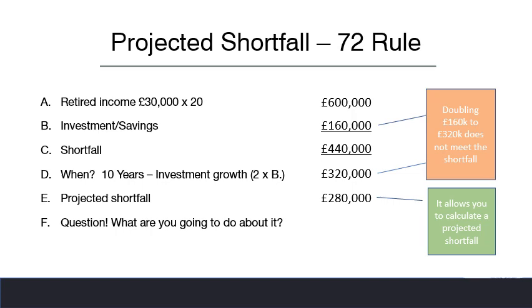You either have to take a higher risk, or you have to add more money, or reset your target to a longer period of growth, 15 years, or the one they don't want, which is a reduced retirement income. The 72 rule allows you to pick out all these points without using cash flow modeling or a calculator.